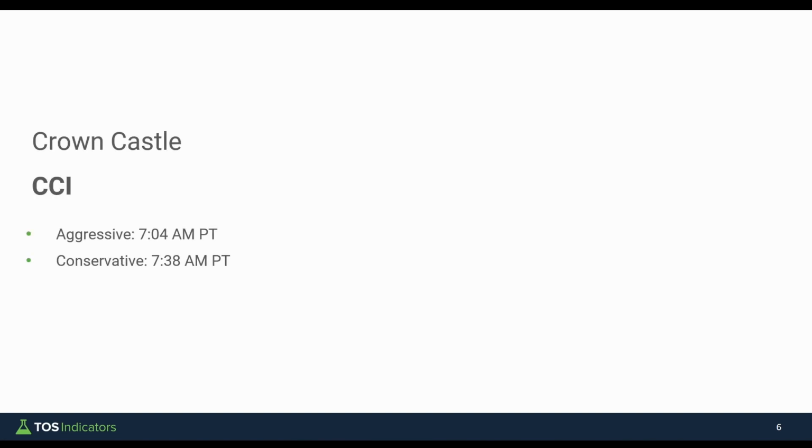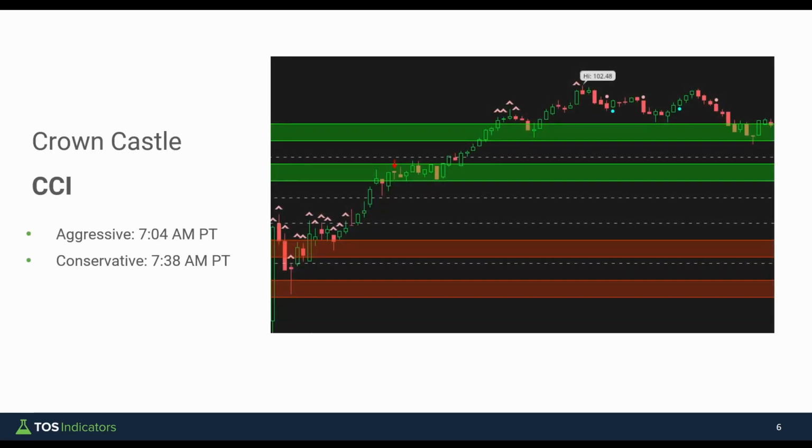Number 2, Crown Castle, CCI. Here's a chart of Crown Castle. In Crown Castle, we breached both the aggressive and the conservative models. But the thing to call out, notice the time in Crown Castle. The aggressive breach is before even the sector has breached its aggressive models. So Crown Castle was very much leading the way in terms of buying activity today inside of XLRE.